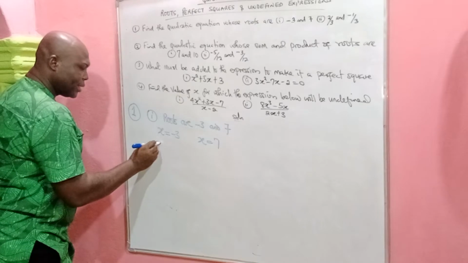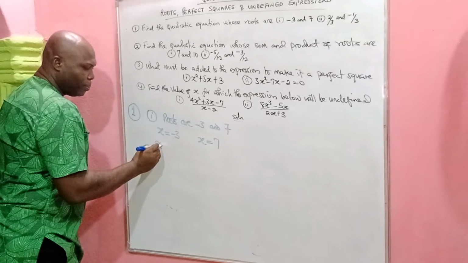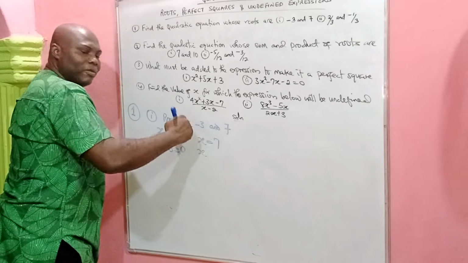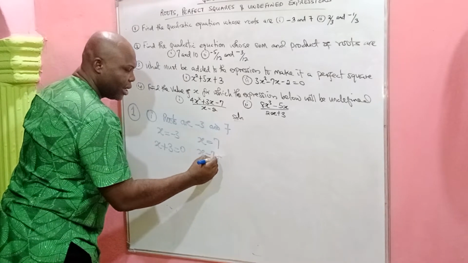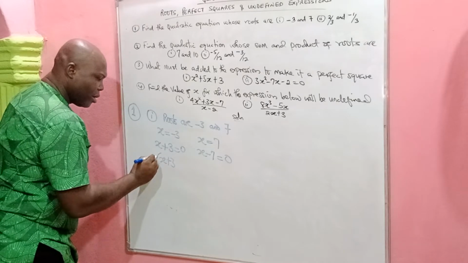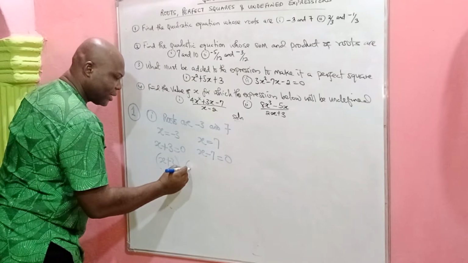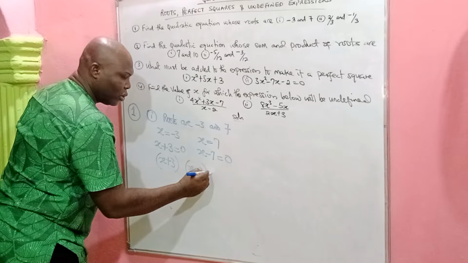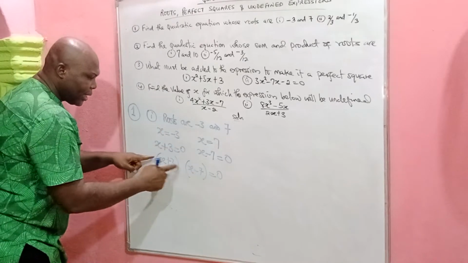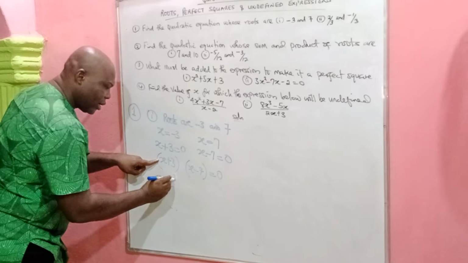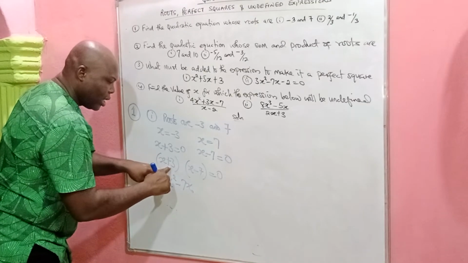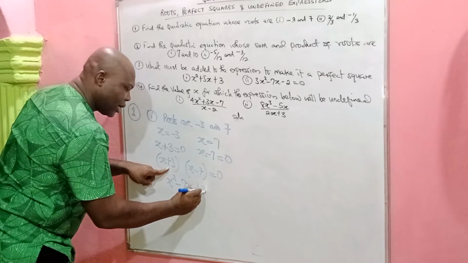Alright, so x equals minus 3 will cross to be x plus 3 equals 0. Here x equals 7 will cross to be x minus 7 equals 0. So we are going to have x plus 3 multiplied by x minus 7, and both equal to 0. So we multiply. x times x gives x squared. x times negative 7 is negative 7x. 3 times x gives 3x.